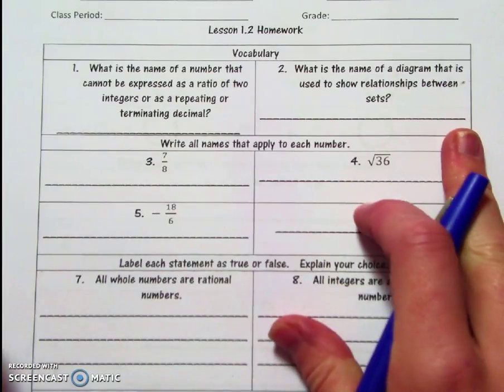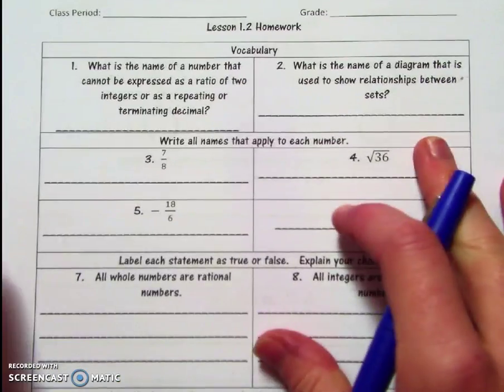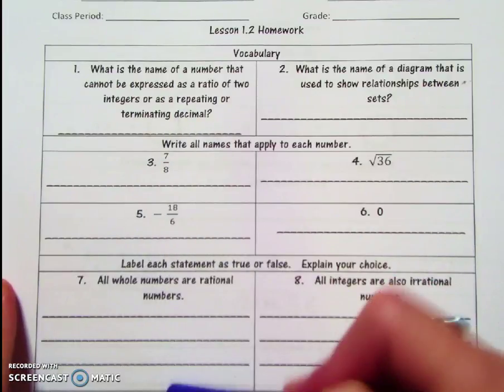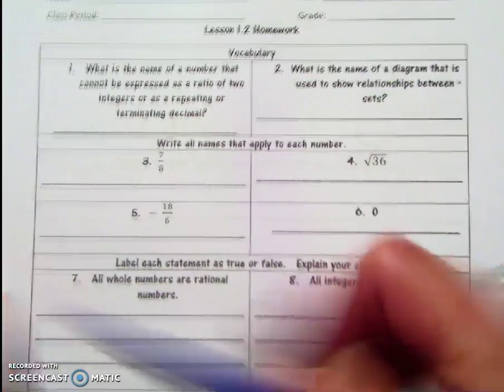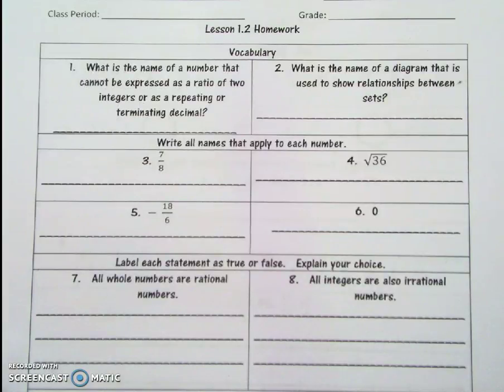Okay, so the lesson 1.2 homework. I'm going to do the odds with you guys, and then you will be responsible for doing the evens. So number 1, what is the name of a number that cannot be expressed as a ratio of two integers or as a repeating or terminating decimal? What's that the definition for?